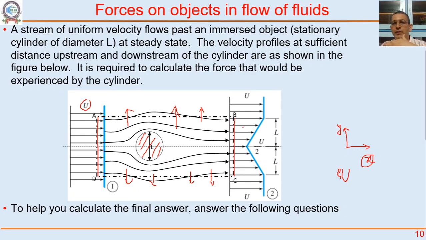Velocity is not u anywhere below here or here. Velocity in the x direction is practically the velocity u on the plane DC or on the plane AB. So that's the momentum in the x direction and the volumetric flow rate. That's why we are writing volumetric flow rate multiplied by momentum per unit volume. Momentum per unit volume we should consider in the x direction because we are considering the force in the x direction.